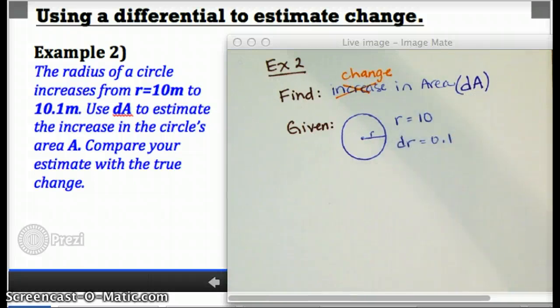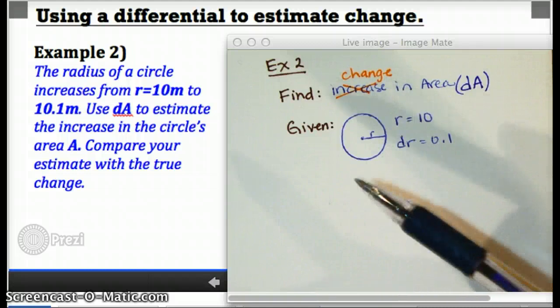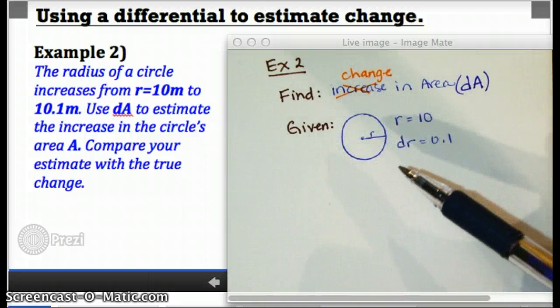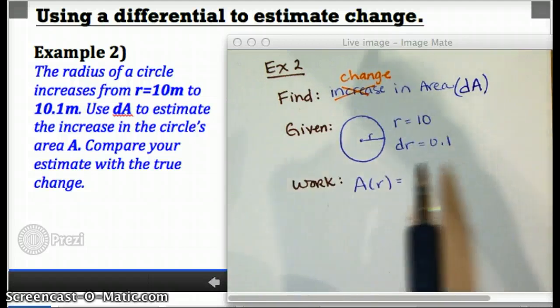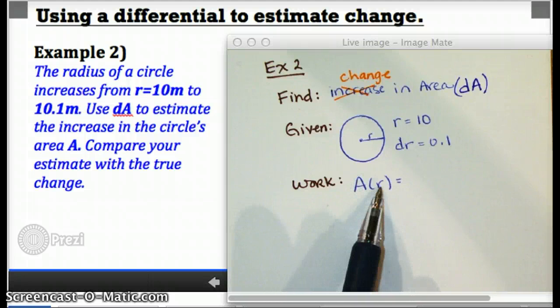We're going to need some sort of function that connects the two. And in order to write the function, you need to know what the output should be and what the input should be. Looking at this situation, what do you think the input is? What do you think the dependent variable is versus independent variable? That's exactly right. The dependent variable or output is going to be area, and the input or independent variable is going to be radius.